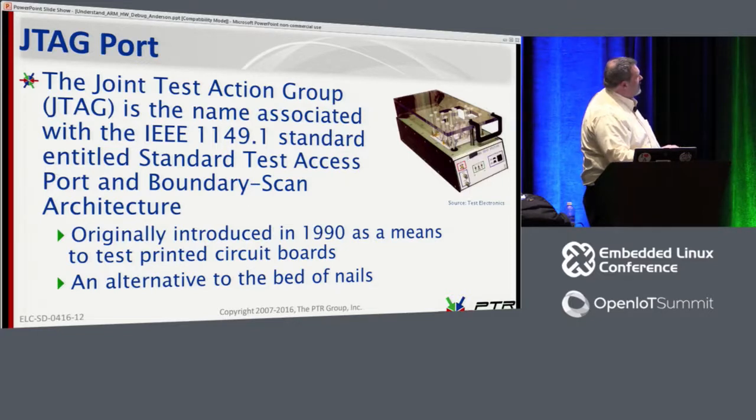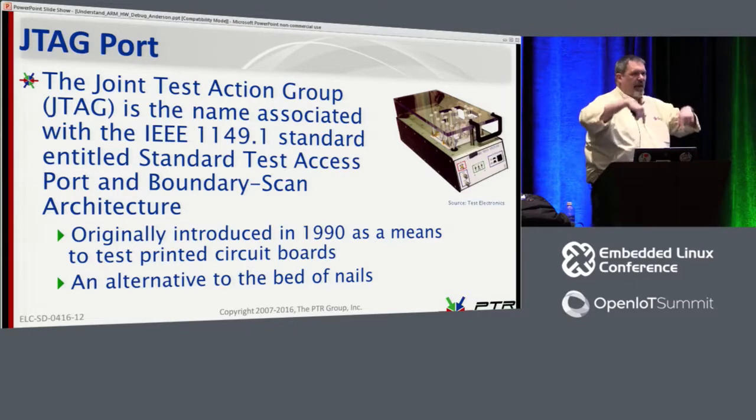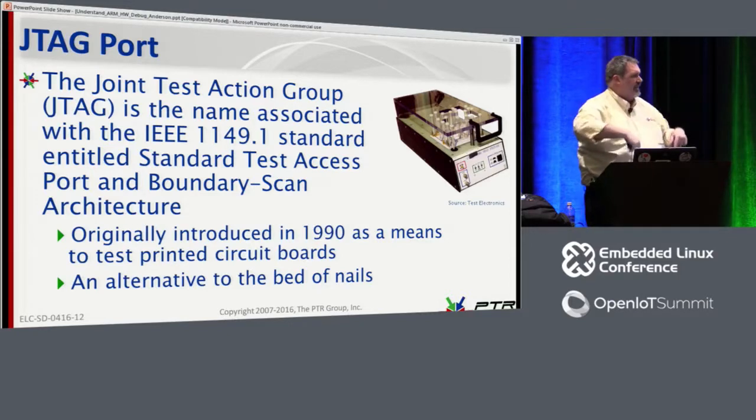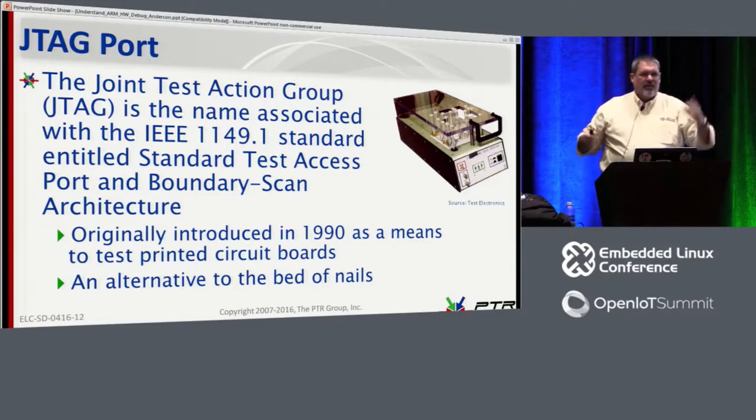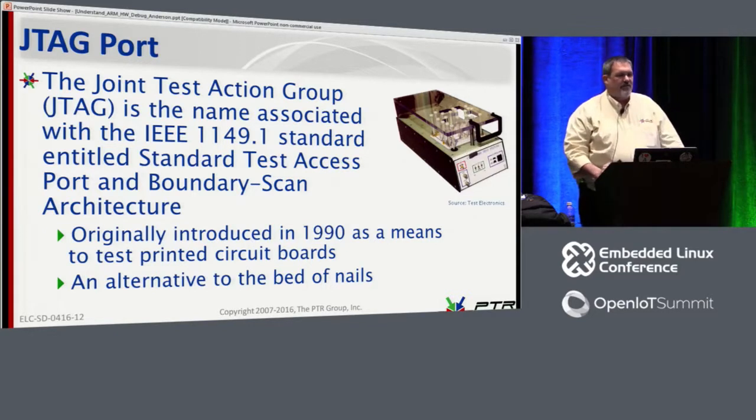You would open up the lid, you would insert the board, you'd close the lid, and there's little test points that come down, and it powers the board, and if you read the right voltages in the right places on the board, you say, it's good, and you would ship it. Bed of nails, they're still in use. We still see them used occasionally, but the reality is that the bed of nails, especially with today's boards, you're talking about 462 ball BGA, micro BGA interfaces.